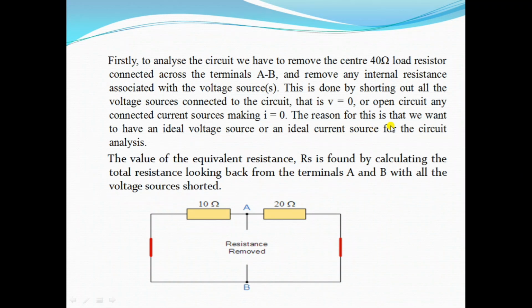The reason for this is that we want to have an ideal voltage source or an ideal current source for the circuit analysis. The value of the equivalent resistance Rs or Rth is found by calculating the total resistance looking back from terminals A and B with all the voltage sources shorted.